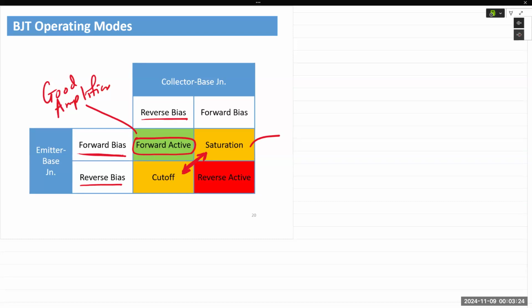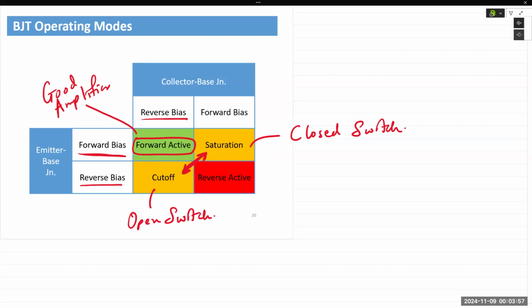In a saturation region, we say that the transistor is conducting fully open, and so we can say it is similar to a closed switch. A closed switch that allows uninterrupted and unimpeded current flow. In the cutoff region, as the name suggests, BJT is cut off. There is no or very minimal current flow, and we can refer to it as an open switch.